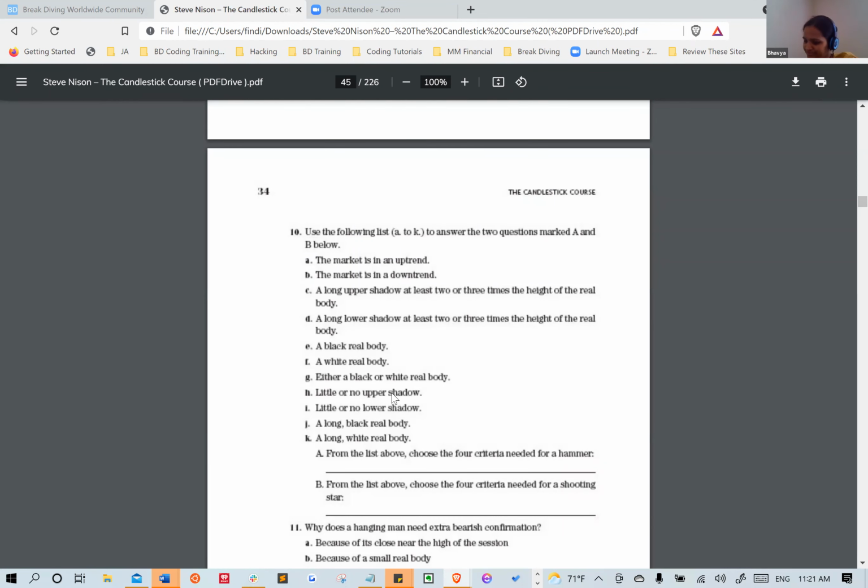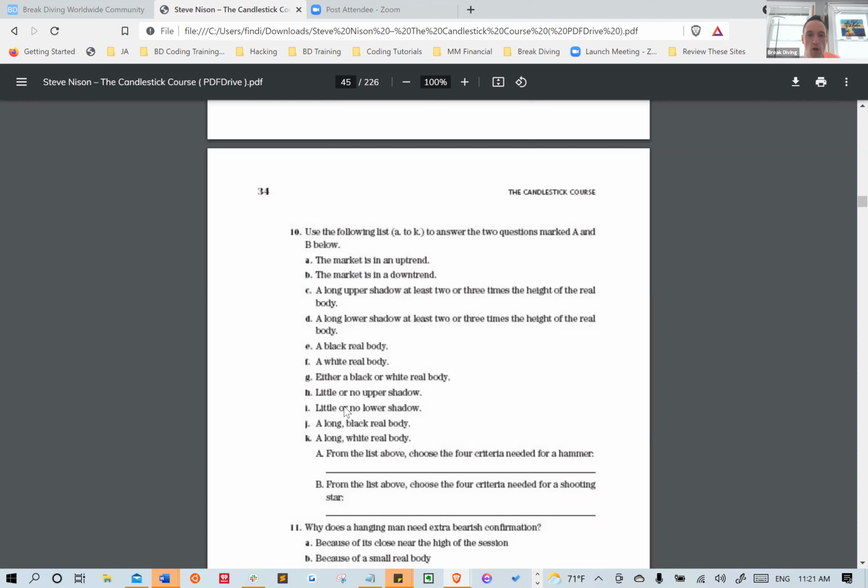Right. From the list above, choose the 4 criteria needed for a shooting star. I'll find 2 and you find 2. Market is in an uptrend. Little or no lower shadow for a shooting star.